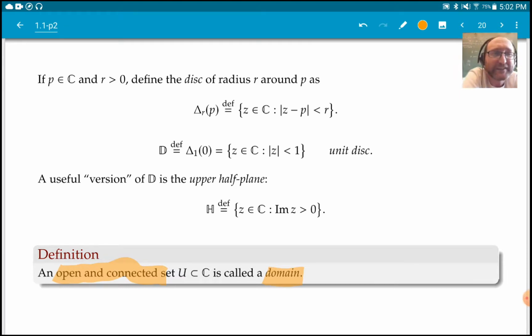But in some sense, that's where this comes from: these are the natural domains of the functions that we're studying. So it's just a bit of notation. Remember that domain means that it's connected in particular.